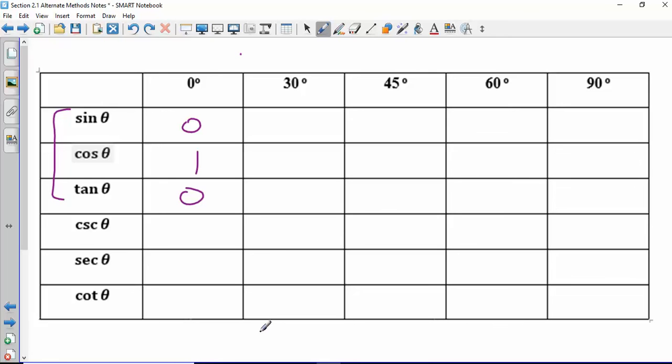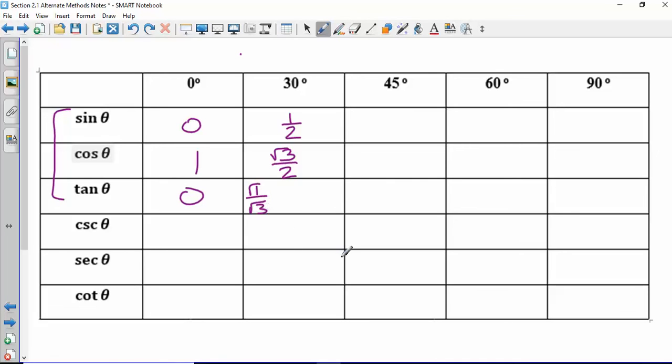Okay? So at 30 degrees, everybody hold in your 30 degrees. So sine, how many fingers do you have above that? 1. So the square root of 1 is 1 divided by 2. So we get 1/2. Cosine. How many fingers are below that? 3. So that's the square root of 3 divided by 2. Tangent.